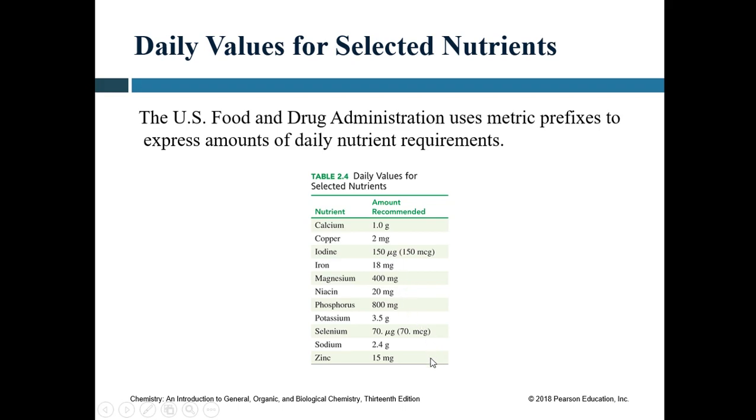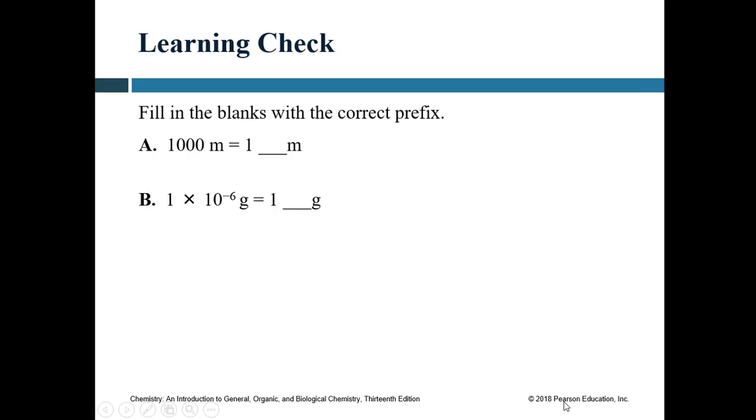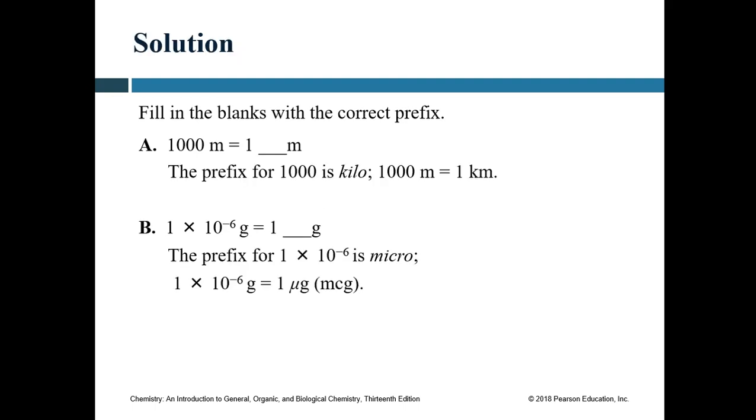So let's realize the importance of knowing whether one is bigger or smaller. 1,000 meters makes up 1 kilometer. And I know we don't use the microgram a lot, but you look at this 1 times 10 to the negative 6 and you go, oh, that's really, really tiny. Yeah, that's our microgram.